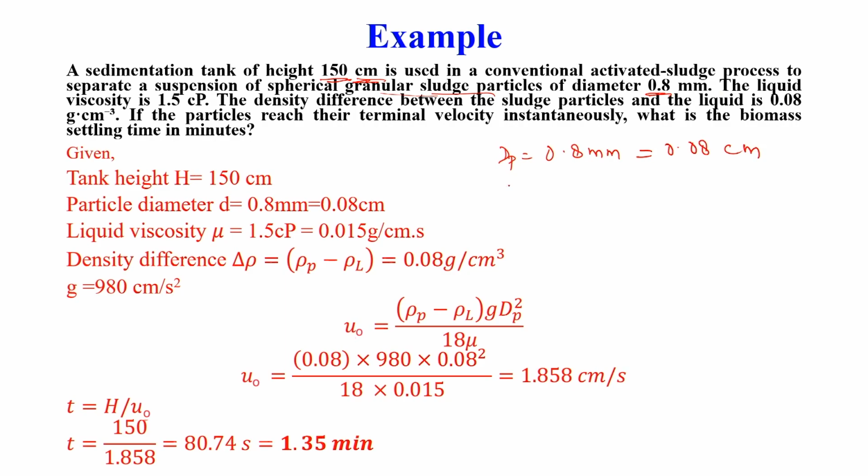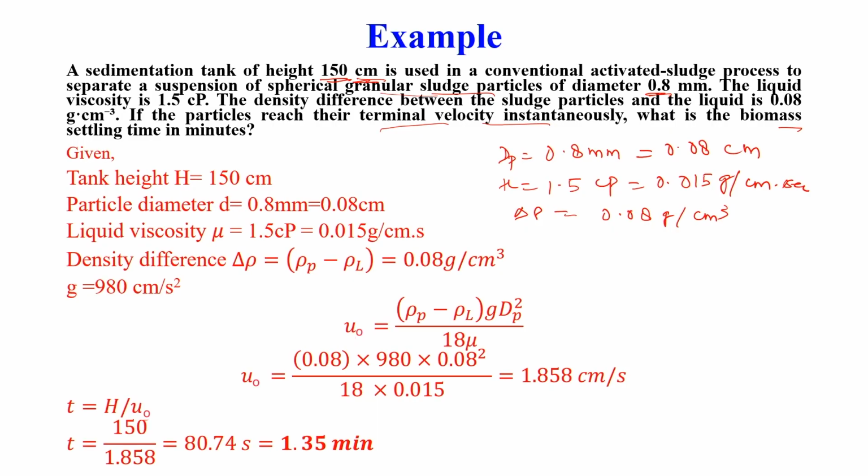The liquid viscosity mu is 1.5 cP or 0.015 gram per centimeter per second. The density difference delta rho is directly given as 0.08 gram per centimeter cube. If the particle reaches its terminal velocity instantaneously, what is the biomass settling time in minutes?